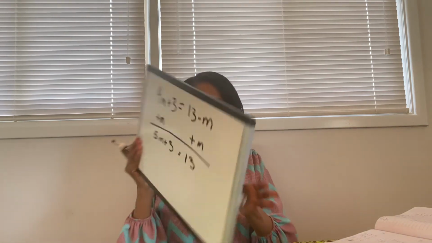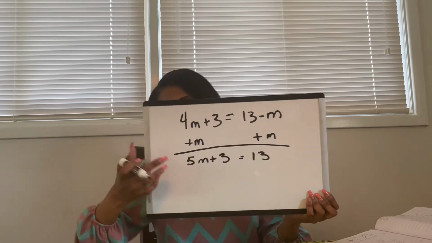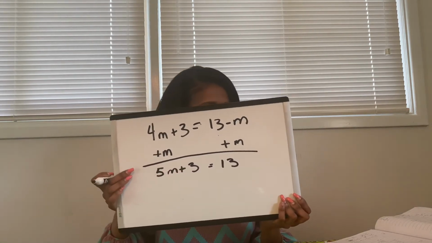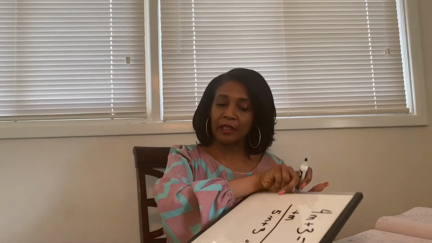And then 4m plus m equals 5m, and I dropped my 3, okay? And then equals the 13 that we have on our right side, okay?